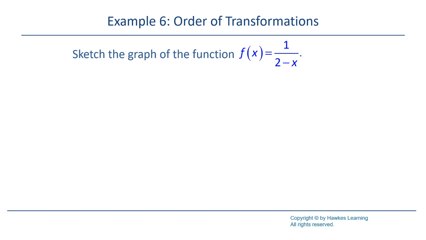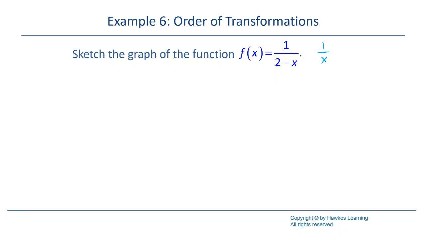So take the function here. f of x equals 1 over 2 minus x. Now, first thing to look at is, all right, what's the function we're dealing with? It looks like 1 over x. If we said the original function is 1 over x, well, it doesn't quite look like a horizontal shift.